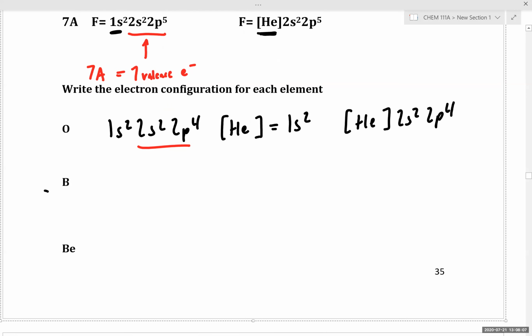Okay, I'd like you now to take a moment and attempt the following two examples and write the abbreviated electron configuration for that atom. We'll discuss this example in about 4 to 5 minutes.